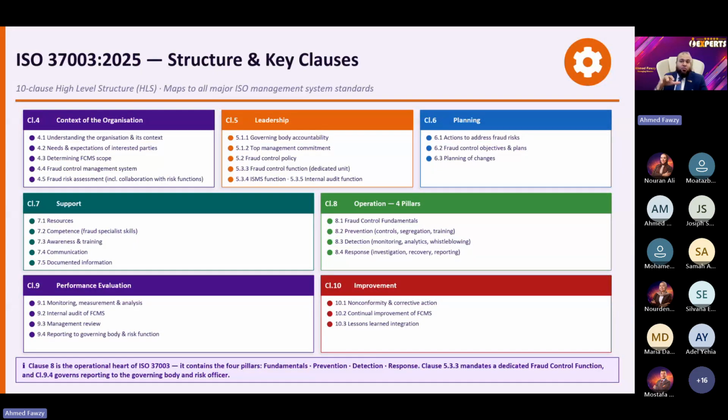Again, when we build a framework, we are not destroying the others. When we add a discipline or management system, some controls like ISO 37003, we are carefully adding the new controls without interrupting or destroying the other management systems that are running inside the organization.